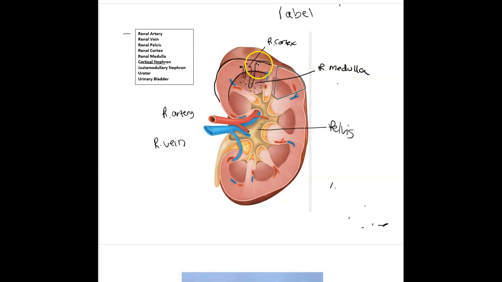And when the blood is being filtered, it becomes filtrate. That filtrate travels through the nephrons, and then it travels into the renal pelvis. This is sort of like the waste.